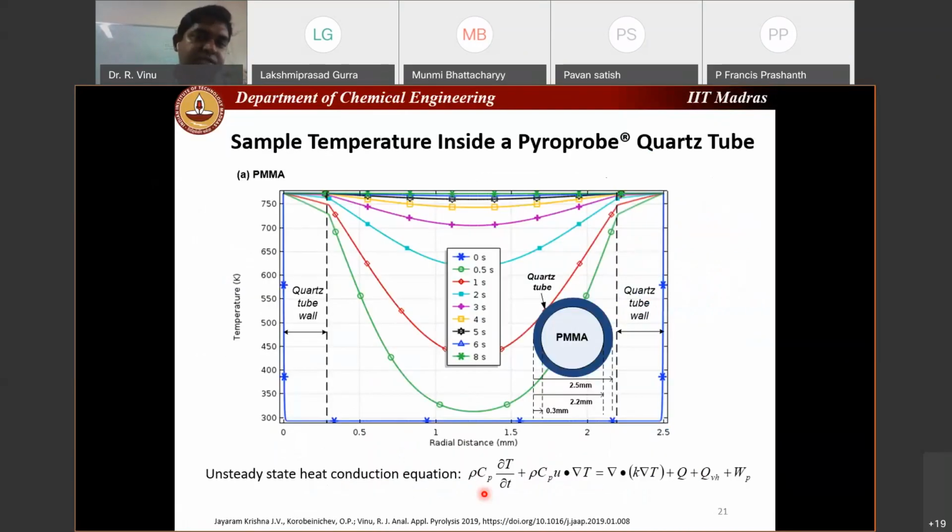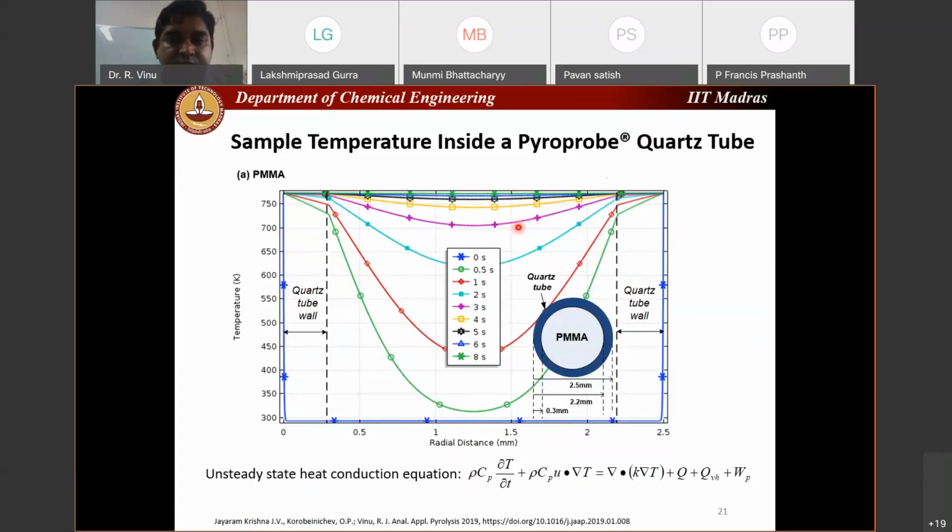So we have actually done some studies to understand the exact heating rate of the sample inside a PyroProbe. These are based on some simulations that we did. What we found is, if you take a polymethyl methacrylate polymer sample, the typical heating rate is not quite as high as claimed by the manufacturer. You can see here the quartz tube walls, and the sample is placed inside, and you can see a typical distribution of the temperature along the radial distance of the sample.